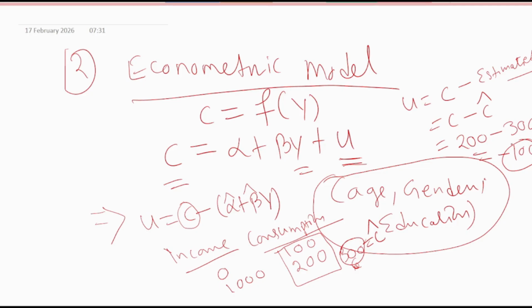Therefore, your estimated value becomes different from the actual value. So, I hope you are able to understand this difference between the mathematical model and the econometric model, and the importance of the error term in the econometric model.